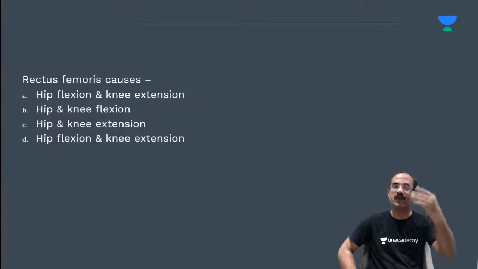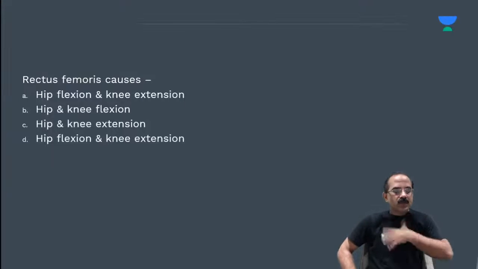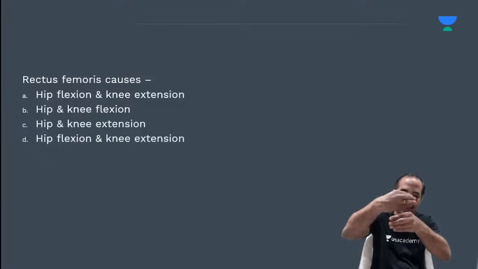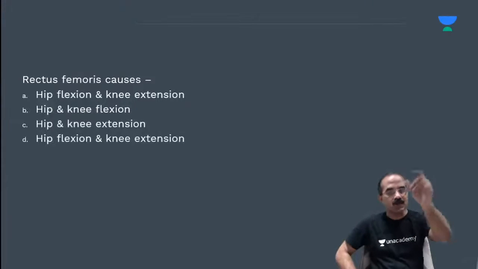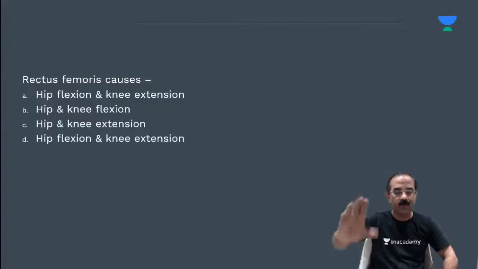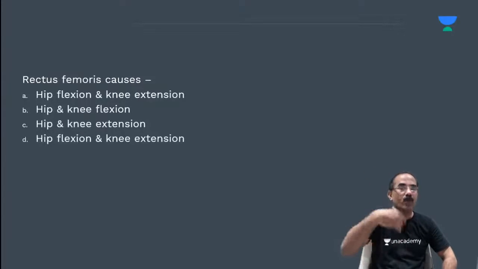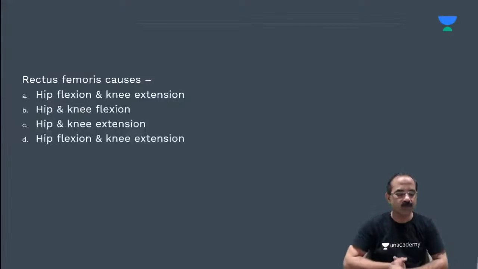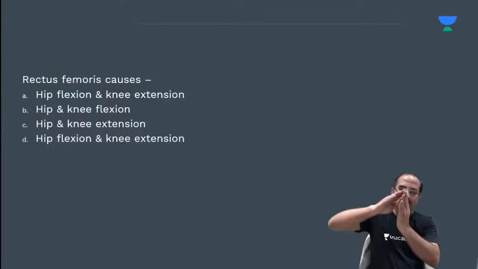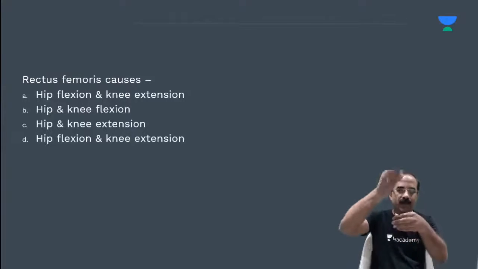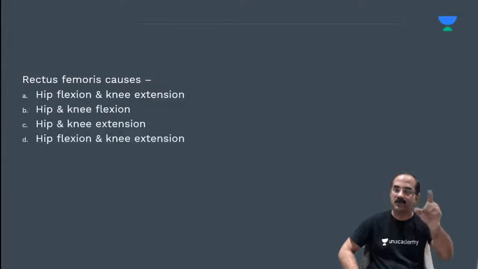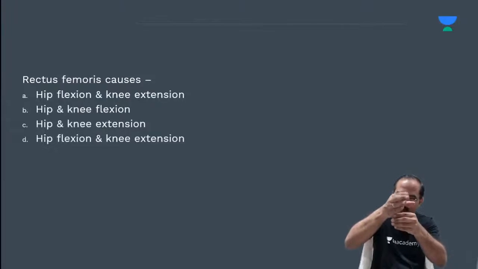So what is locking? Locking is the medial rotation of femur during the final stages of extension when the foot is on the ground. When we extend the knee joint, the lateral condyle of femur fits into the lateral condyle of tibia, but the medial condyle of femur is larger.